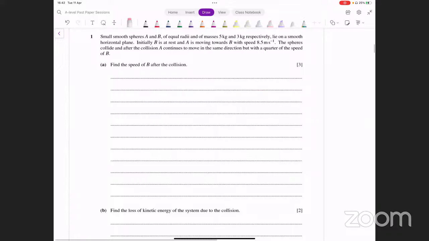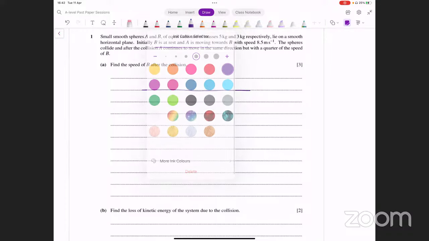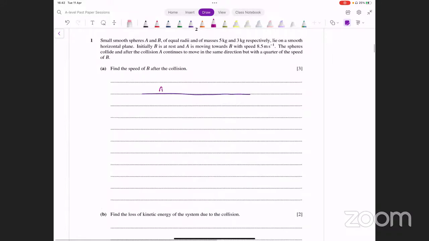One is sphere A and the other is sphere B. B is at rest initially, so initially the speed of B is 0. So this is at 0 meters per second.